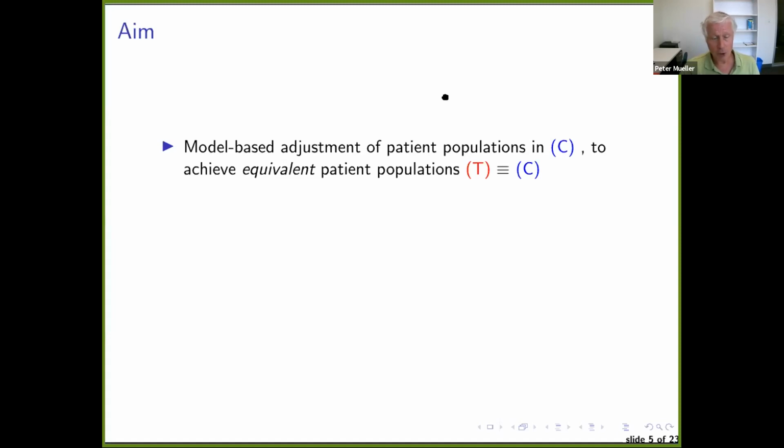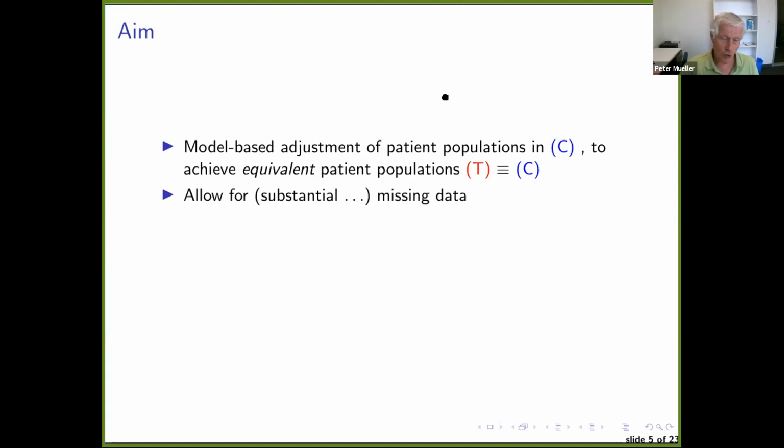We want a model-based way to adjust the data from the historical trials such that we can then, with some assurance, claim that we have achieved, after the adjustment, equivalent populations. Once the populations are equivalent, then we can pretend that these are just two arms in a two-arm trial.